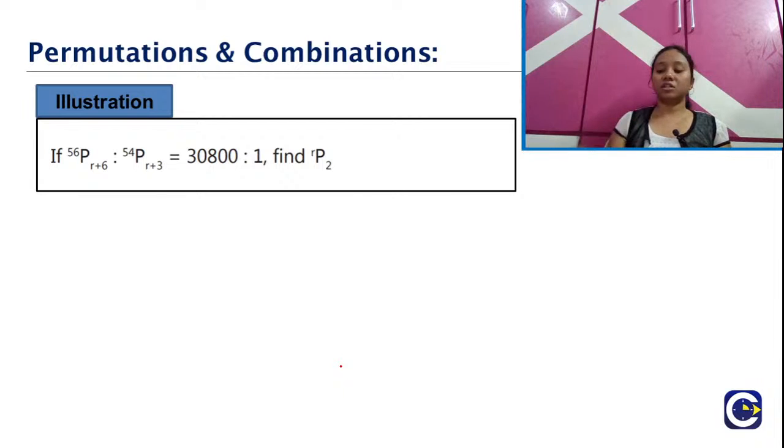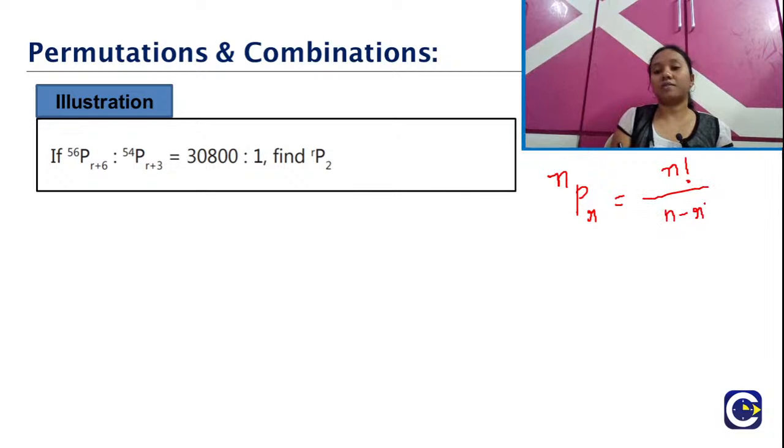So here they have given this. We have seen our expansion just now. nPr is equal to n factorial divided by n minus r factorial, and you have to apply your properties of factorial also here. Quickly try and simplify this, guys, and let me know the answer.